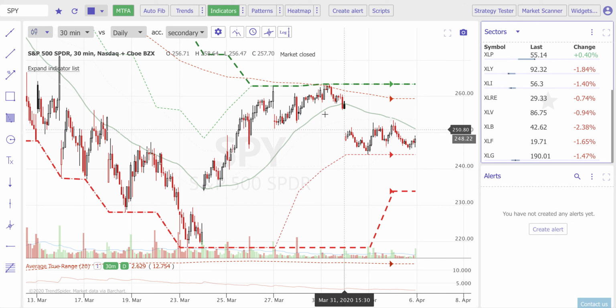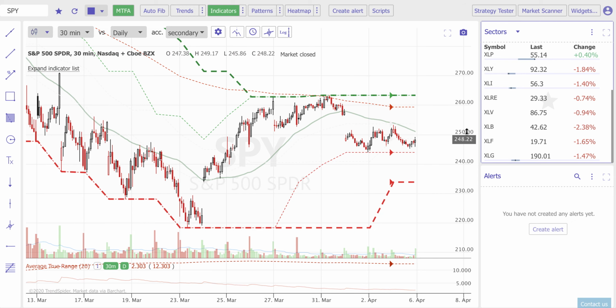So if you are a day trader, for instance, or trading intraday, being aware of these key levels can really help you gauge your expectations, and might make you feel comfortable either buying the dip or selling the rip, or waiting for the strength of a breakout, or anticipating where you might run into some support. So I hope this is helpful.